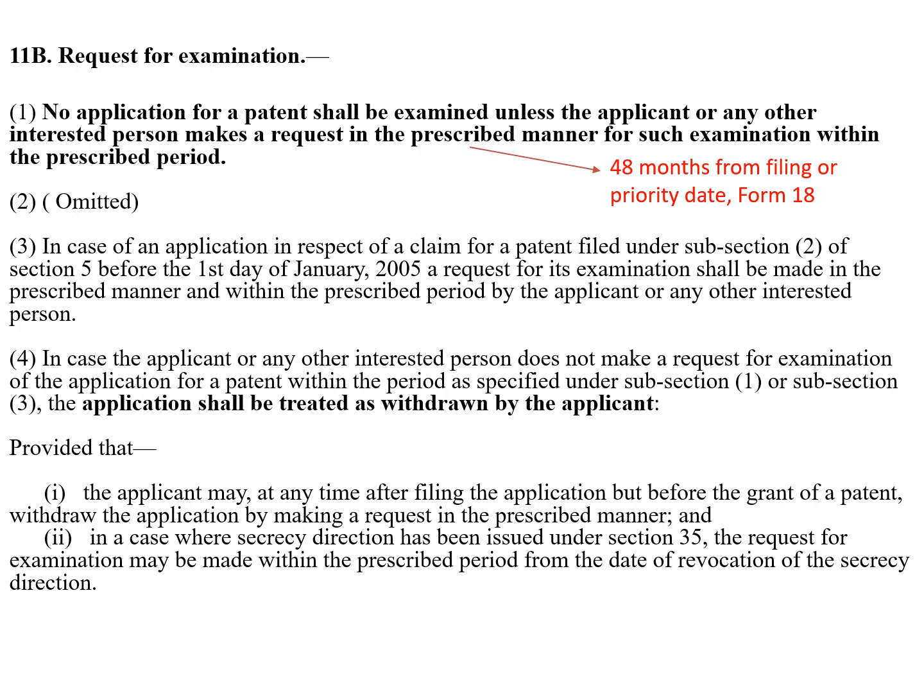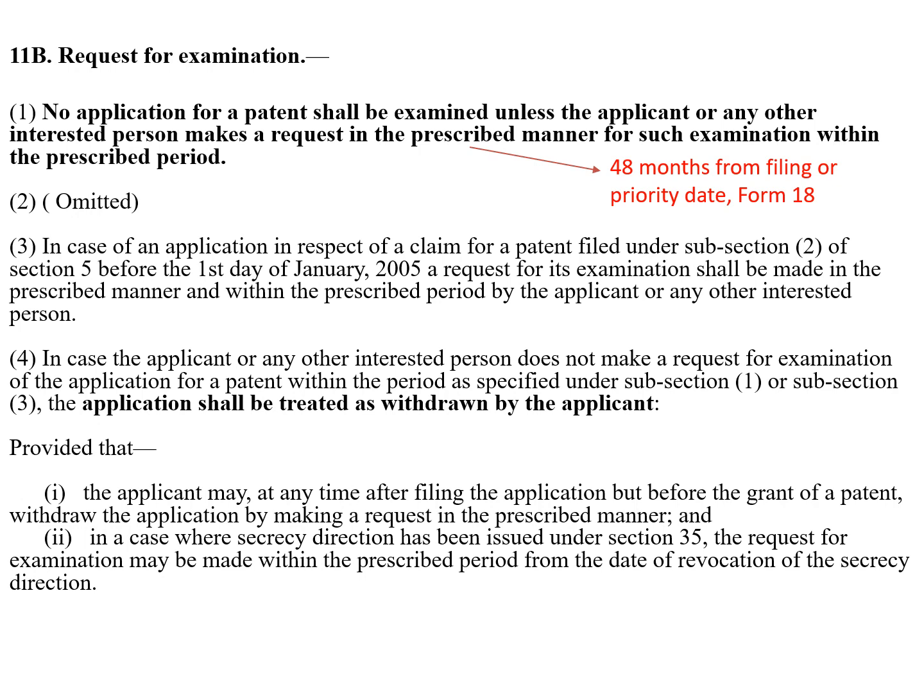So the particular form, you have to fill it up, and you have to apply for the examination. Then only your patent will be examined, unless it will be considered as abandoned.